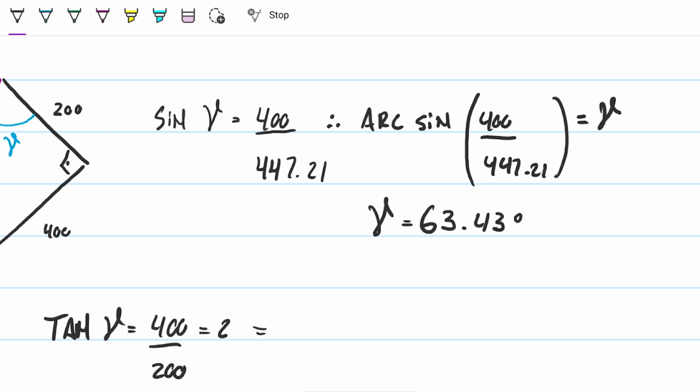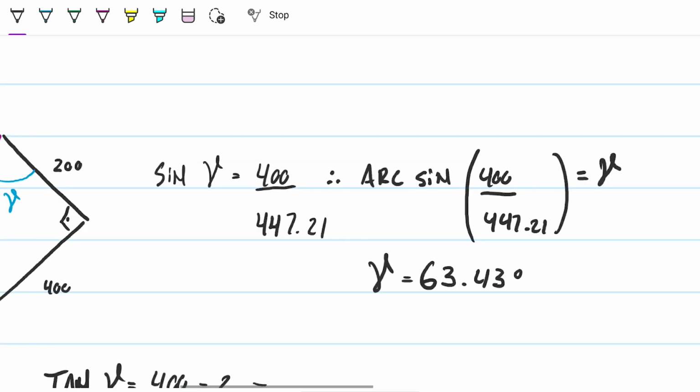Okay, and with that in mind, I can now find theta, right? And if I find theta, then I can go ahead and find the decomposition of forces, which is what we were trying to find from the start.